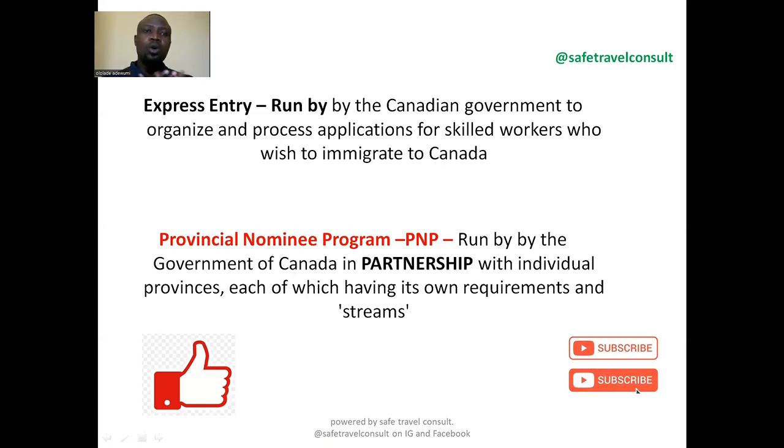The main goal of both Express Entry and the Provincial Nominee Program is to become a permanent resident, right? But the Provincial Nominee Program is run by different provinces in Canada. Hope you understand that now.